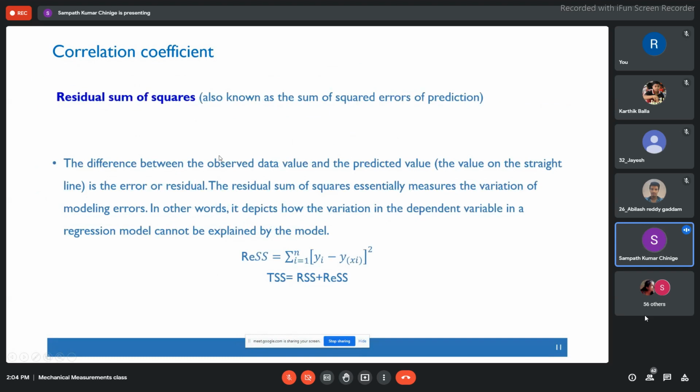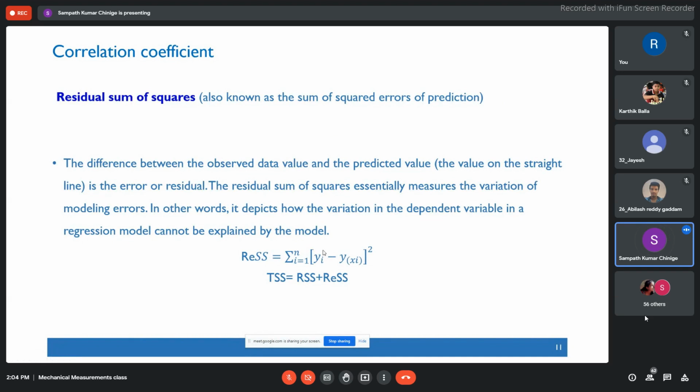The difference between the observed data value yi and the predicted value is the residual or error coming from yxi. So for a given xi, that means for input 1, you measured this experimentally to be 2, but the fit may give you 2.1.